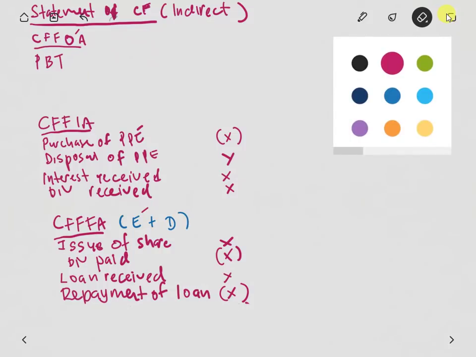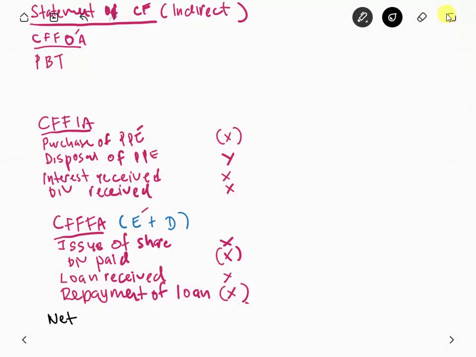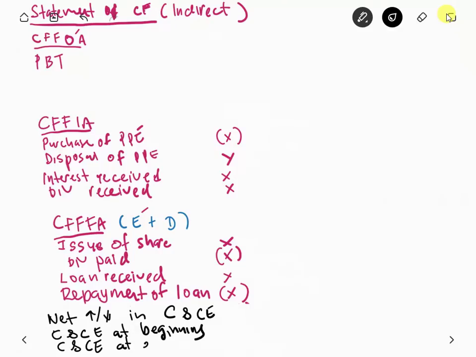At the bottom, you notice there's a net increase or decrease in cash and cash equivalents. There are three lines at the bottom: the net increase or decrease in cash and cash equivalents, cash at beginning, and cash and cash equivalents at end of the year.